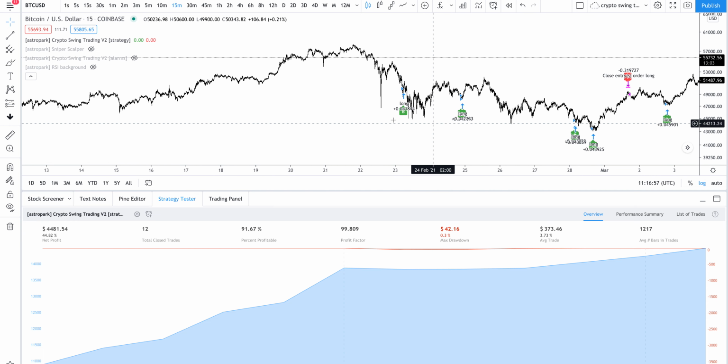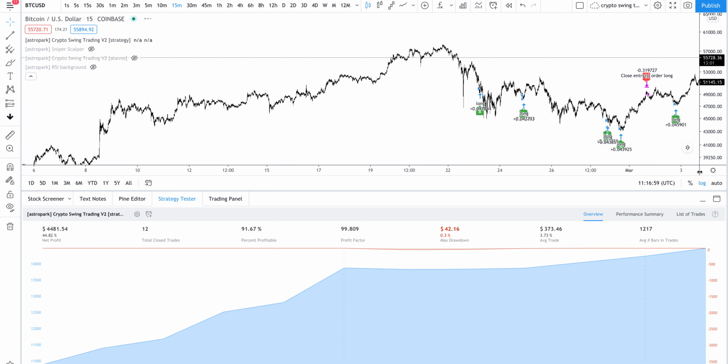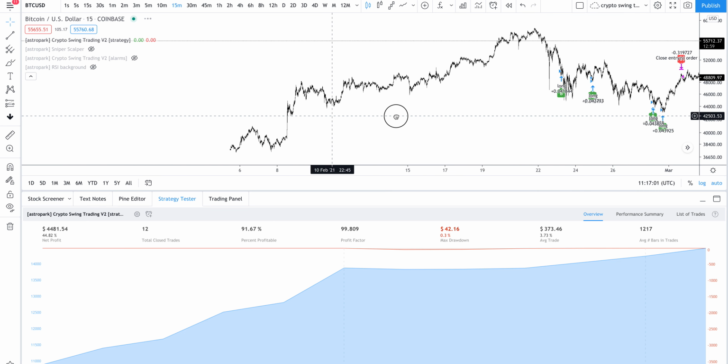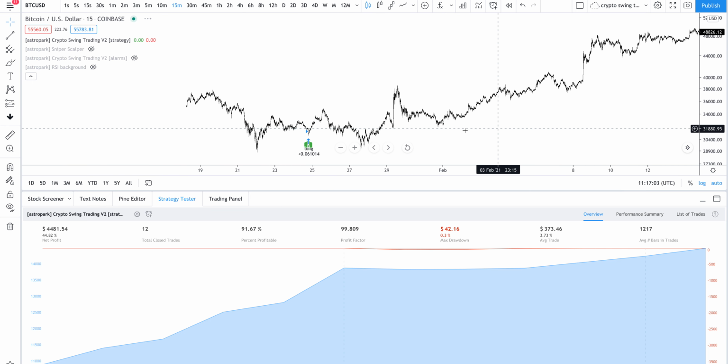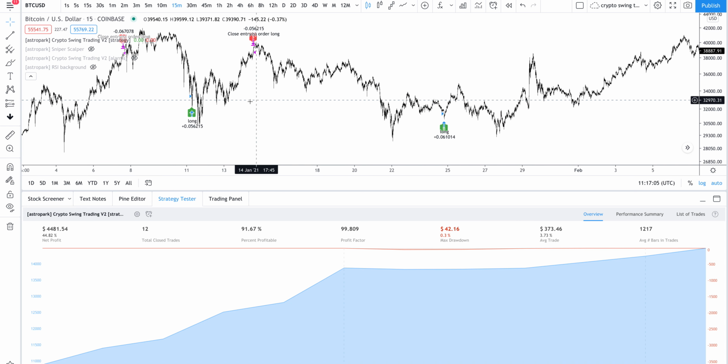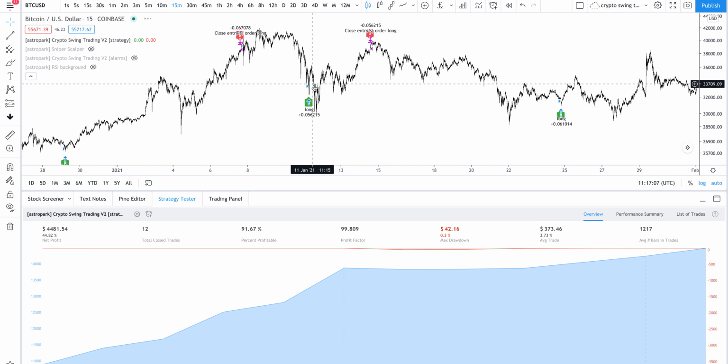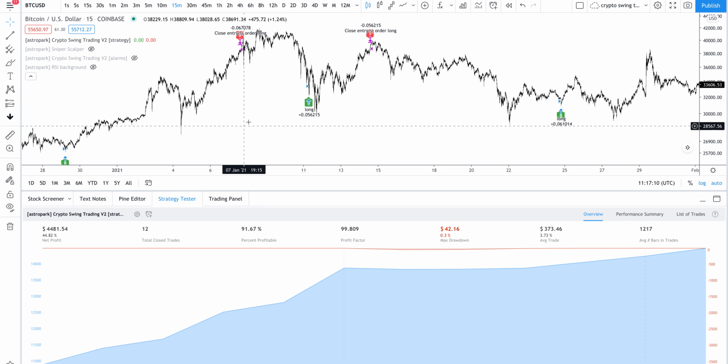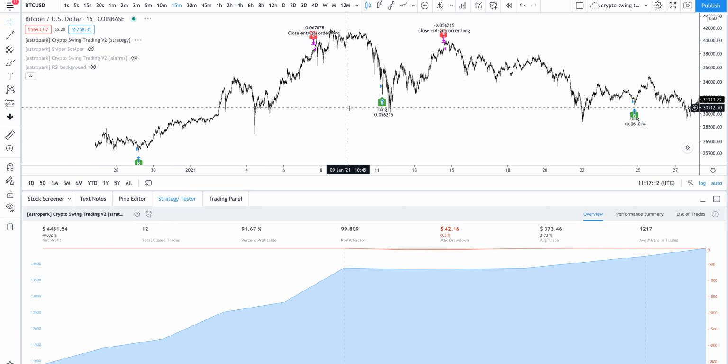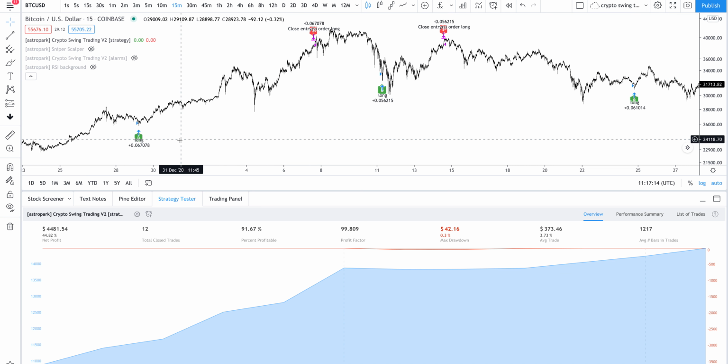Because you have much more signals, you are not exactly buying all the bottoms, you are averaging down your entry, but as you can see, you are able to really do what a trader should do.